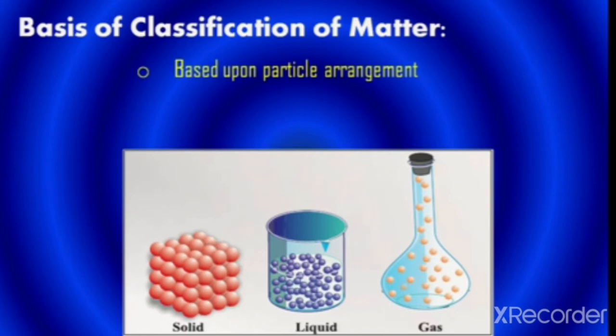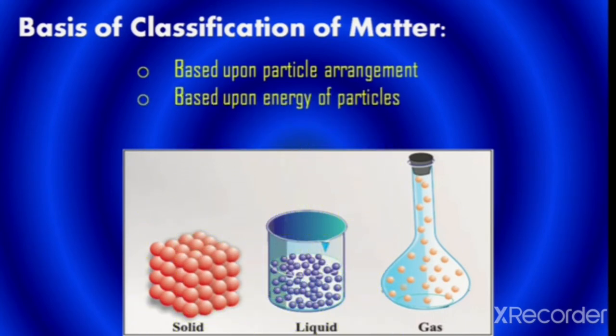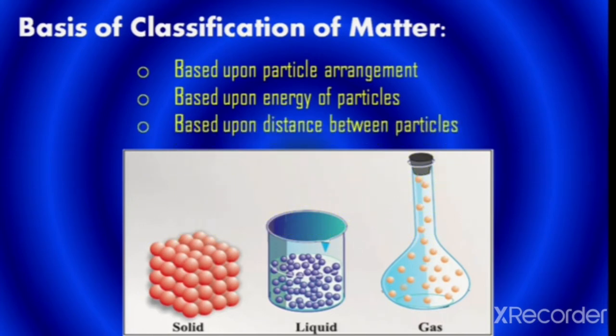Based upon the particle arrangement. You can see the differences in this figure. The classification is also based on the energy of the particles. I've talked about the energy of the particles. Then, based upon the distance between the particles that you are able to see on the screen also.